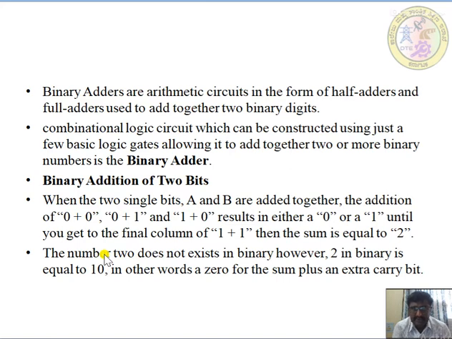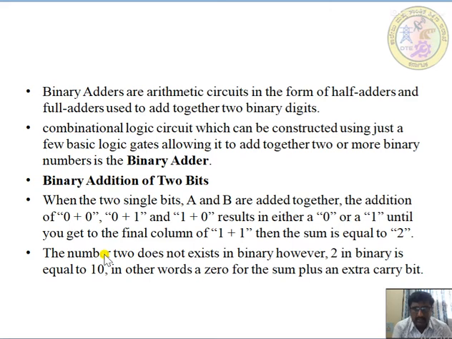Binary adders are arithmetic circuits in the form of half adders and full adders, used to add together two binary digits. The two normal adders are the half adder and the full adder. Depending upon the inputs, we decide whether it's a half adder or a full adder. Adders basically add together two binary digits.